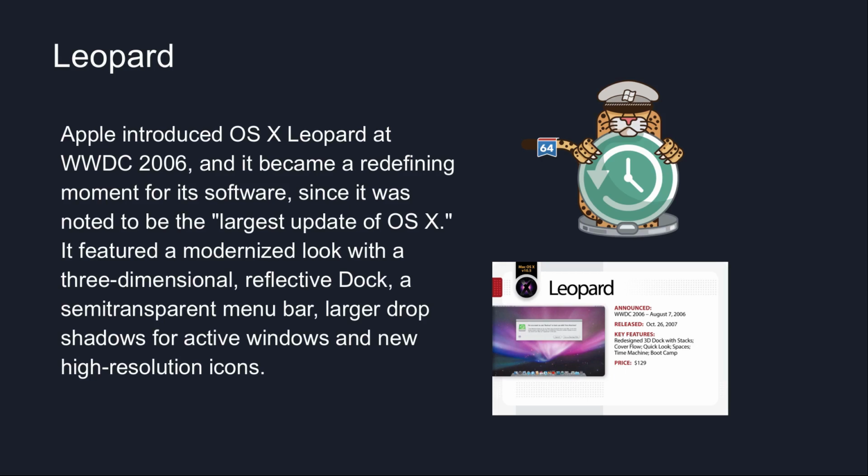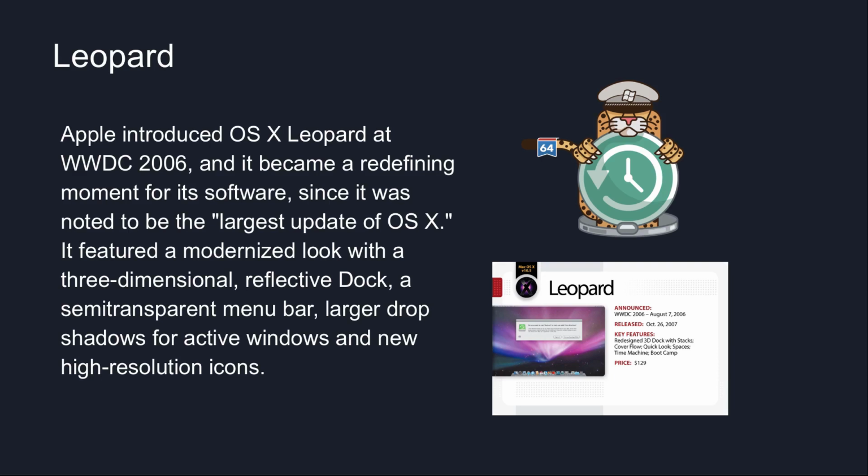Quick Look, which allows a preview of items by hitting the space bar. Spaces, a way of grouping application windows on more than one visual desktop. Time Machine, an automatic backup utility that allows users to restore deleted files, and Boot Camp, Apple's software client to run Windows natively on a Mac.